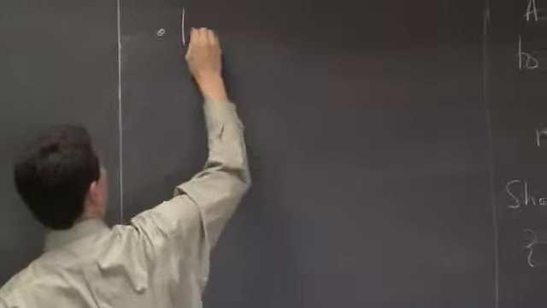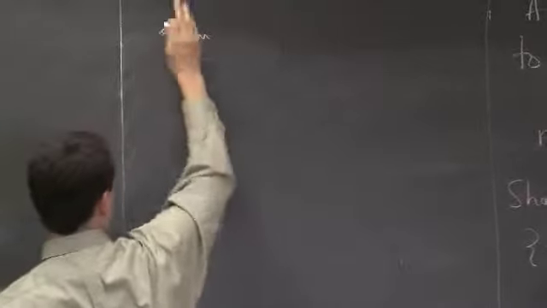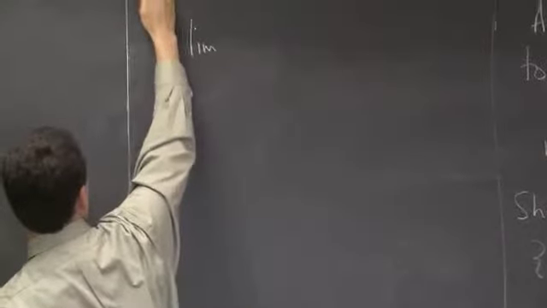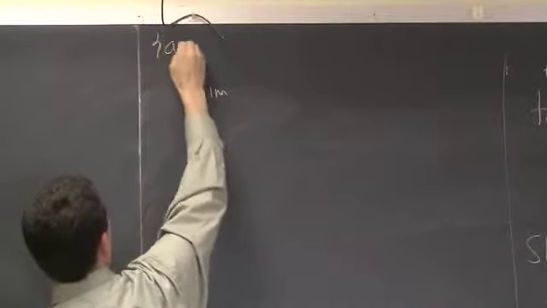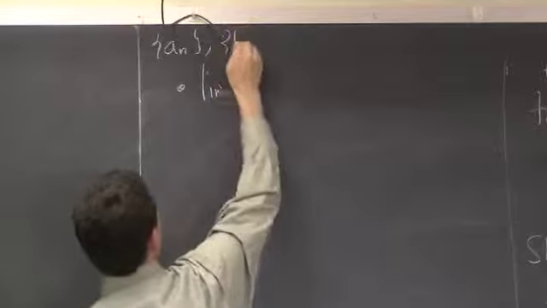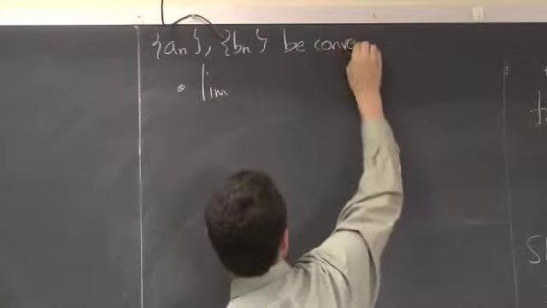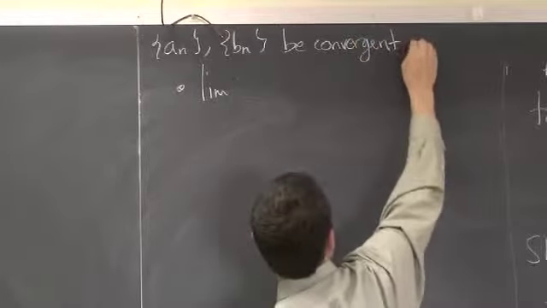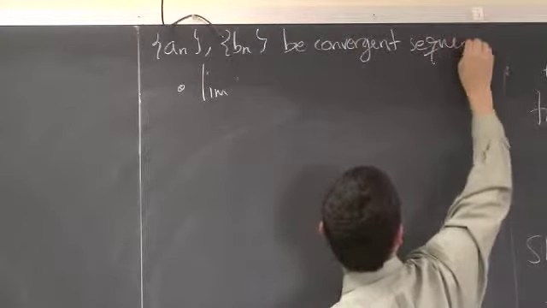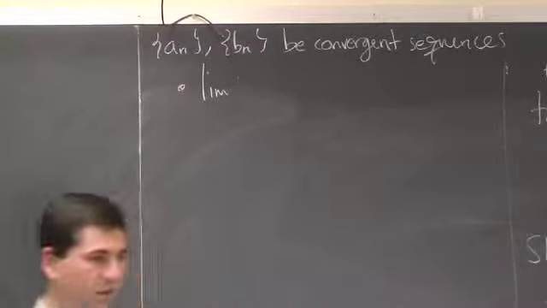So I need to give you a couple of sequences. Let AN and BN be convergent sequences. A convergent sequence is a sequence that converges.